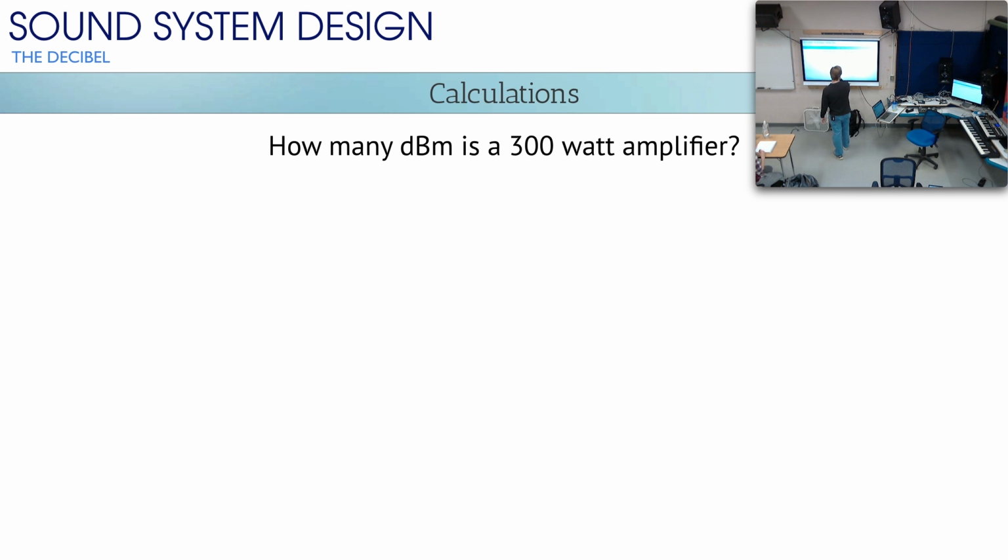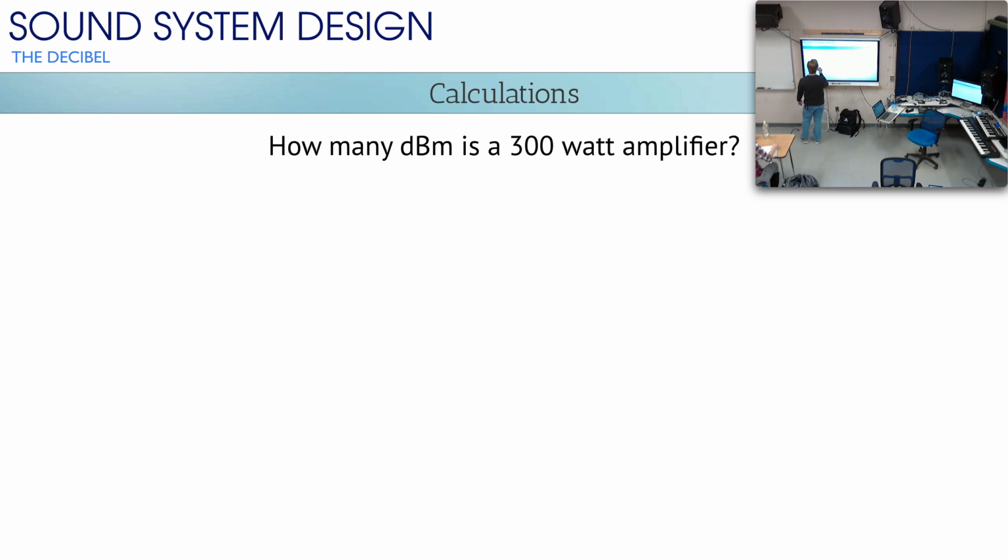Okay, here's another one. This is not a particularly practical question, because I don't really know why you would ever want to know how many dBm a 300 watt amplifier is, but just for fun, how many dBm is a 300 watt amplifier?